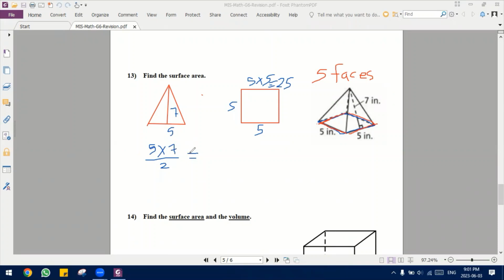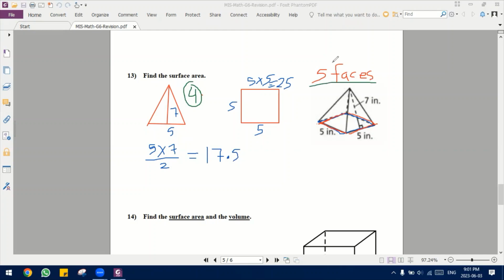You can do it like this: 30 divided by 2 is 15, and 5 divided by 2 is 2.5. So it's 17.5, again inches squared. But now, how many faces do I have from the triangle? As we said from the beginning, there are 4 equal triangles, 4 equal faces. So here I have 4 faces, the square is 1 face. In total, I have 5 faces.